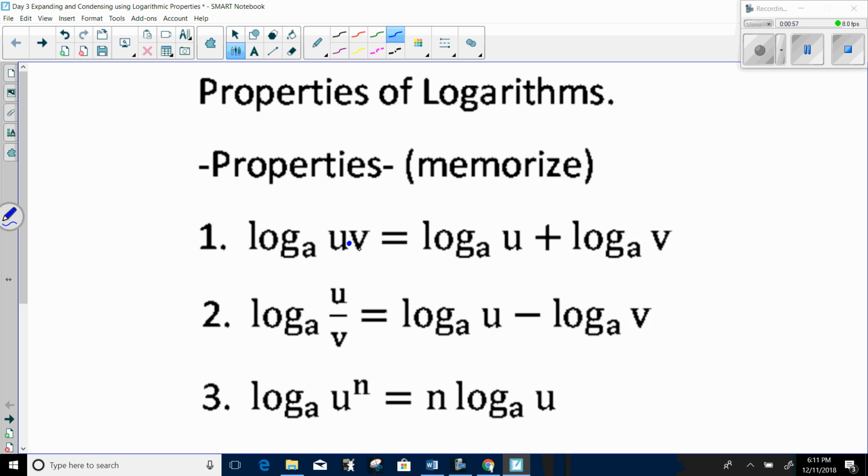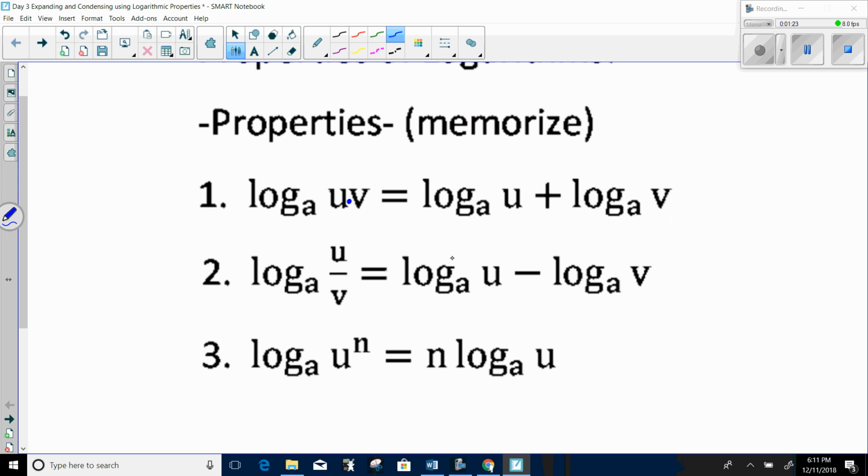So we have base a of u times v. We can write that as two exponents that are being added together, just like whenever you were in algebra 1. When you had bases that were being multiplied, you added the exponents. So multiplication can change to two exponents being added together.